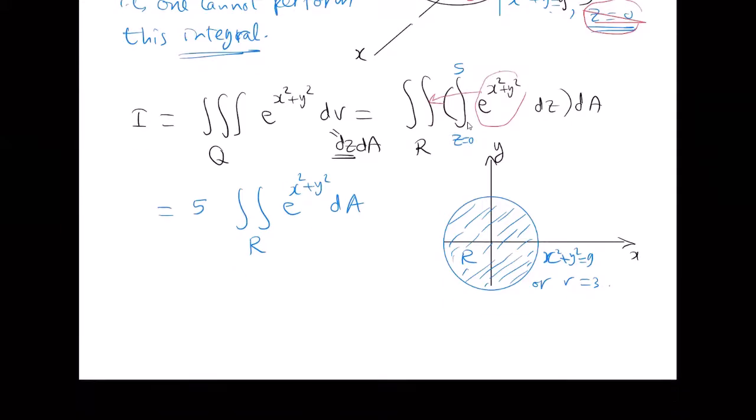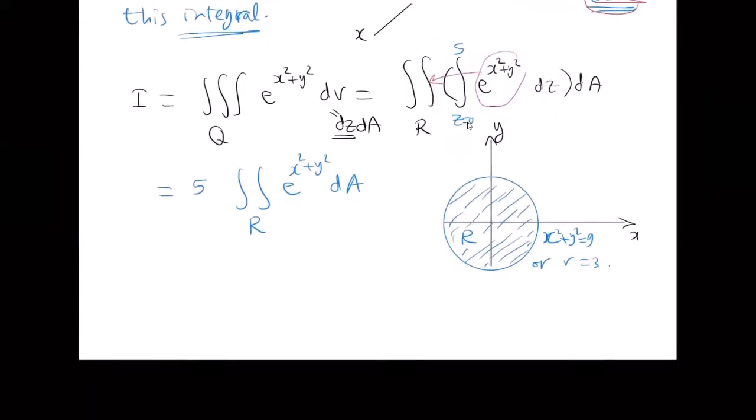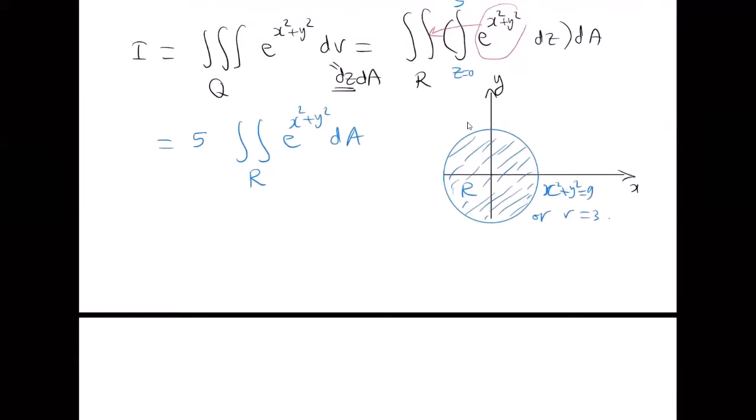Now we are faced with a double integral as usual over this region, which is the disk x squared plus y squared less than or equal to 9. As I said, we are faced with this integral before. We cannot perform this integral unless we have some trick. The trick is to use polar coordinates.